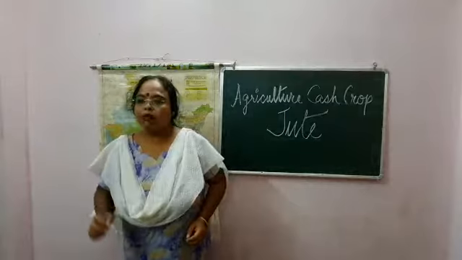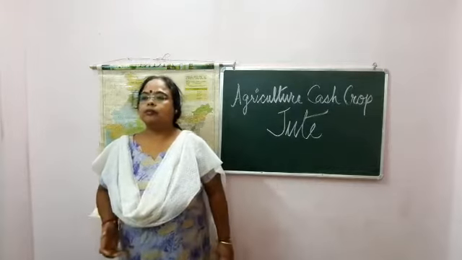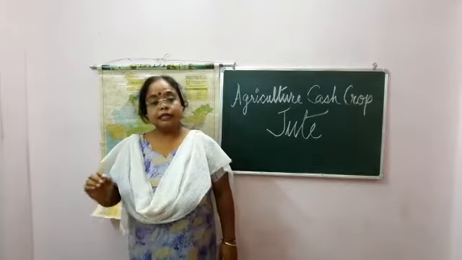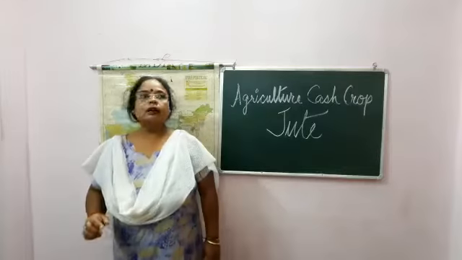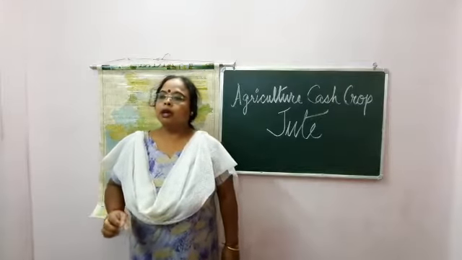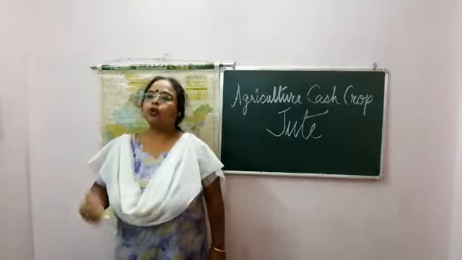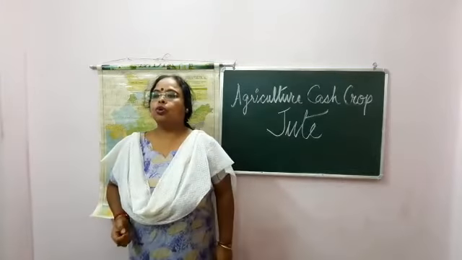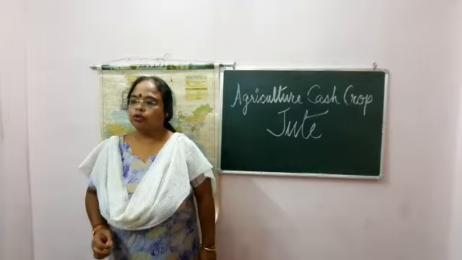It is brown in color, but it can be dyed at any time. India is the second largest producer of jute, just after Bangladesh, and it is known as the golden fiber. Why? Because of its versatile nature and color, and its products earn a lot of foreign exchange. It is also called the brown paper of wholesale trade.